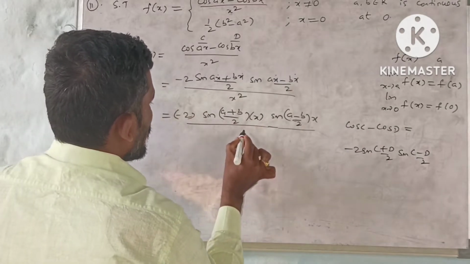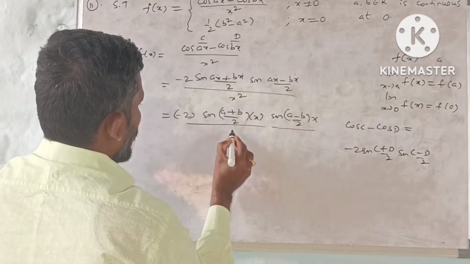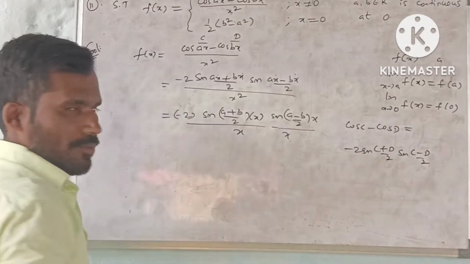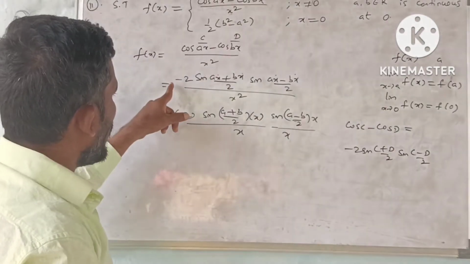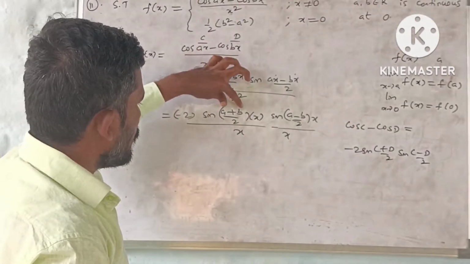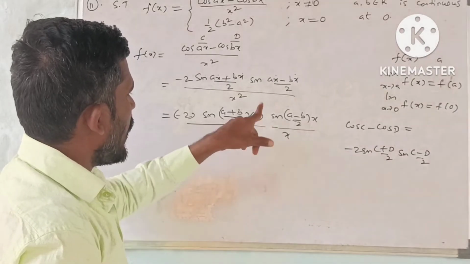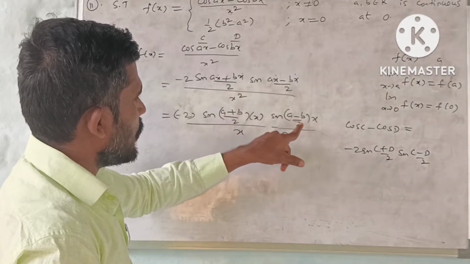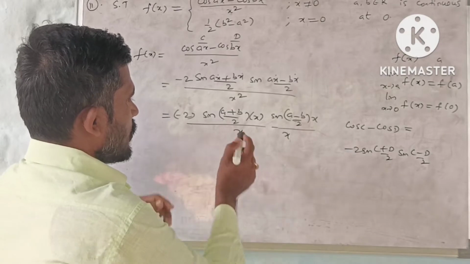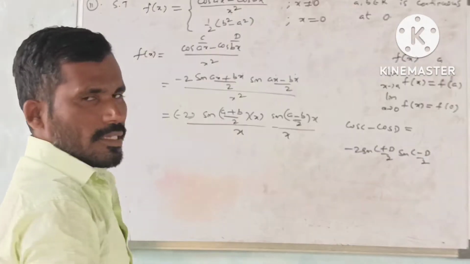For our convenience, x square I am taking as x into x. So minus 2 sin of (a plus b) by 2 x by x, and sin of (a minus b) by 2 x by x.